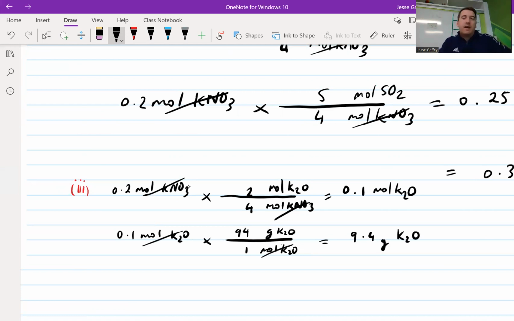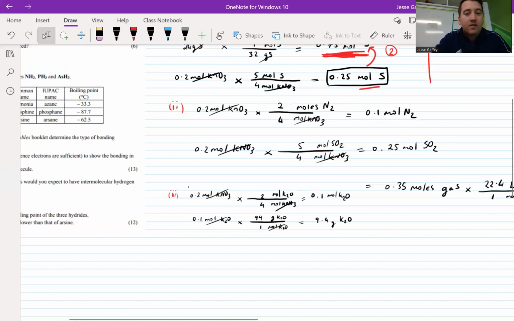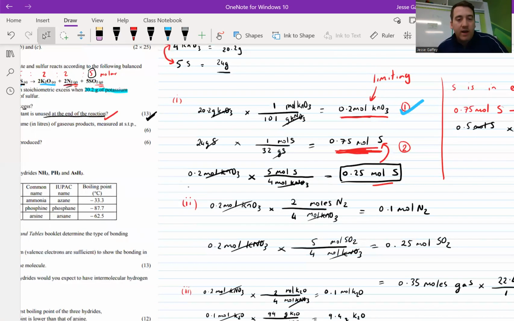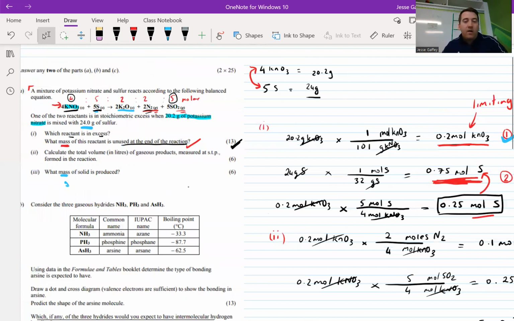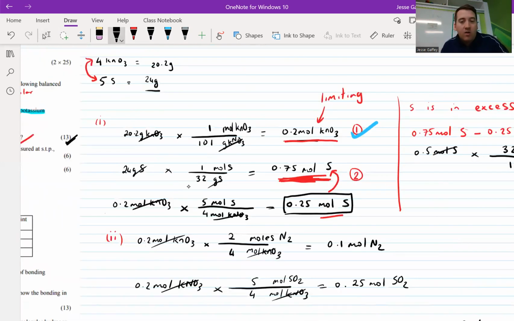Right, well done, guys. If you like the maths, that stuff is really easy. If you're good at the unit analysis, I think that question is not a bad question at all. You can think your way through that. The only issue maybe would have been when you've worked out your limiting reagent or your excess reagent. But then knowing that when you're trying to find out how much product was made, you have to use the limiting reagent because that's the one that decides how much of the products can be made, not this one.